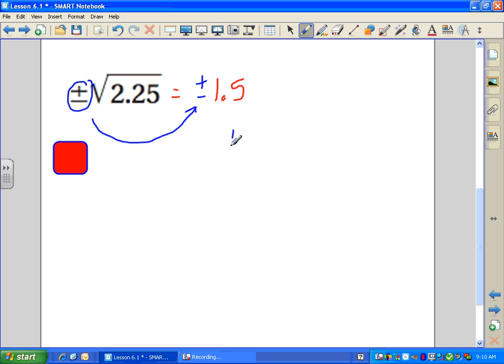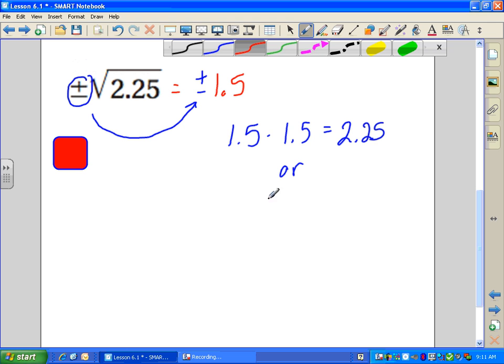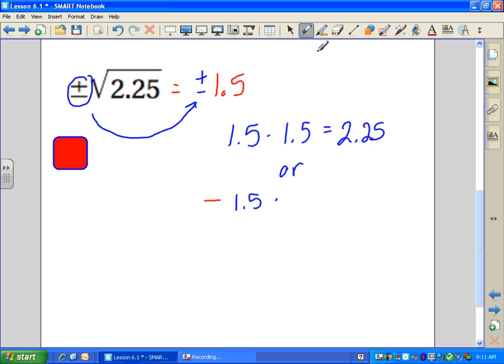Why? Because 1.5 times 1.5 gives you 2.25. Or for my Cubby people out there who are usually in a negative mood, we say a negative 1.5 times a negative 1.5.